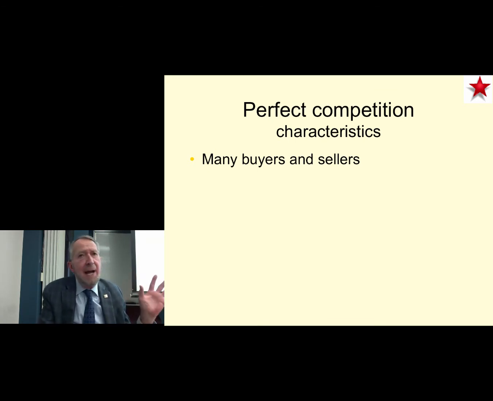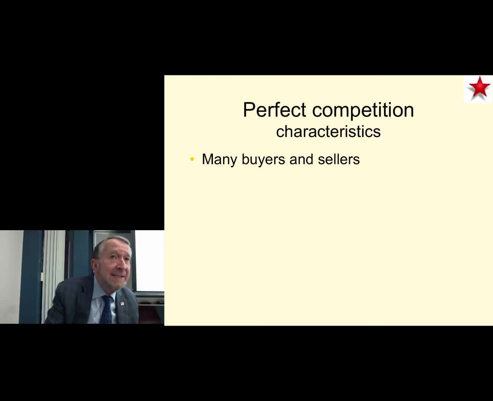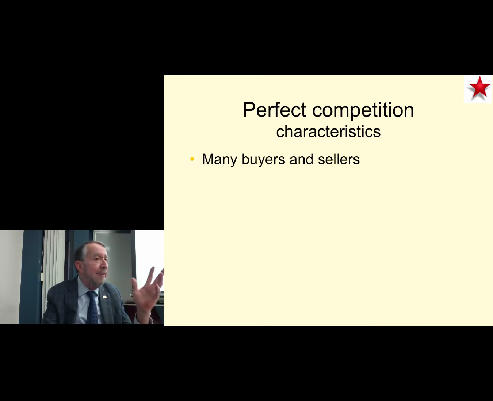There are lots and lots of buyers, and one of the products which approximates these assumptions are agricultural products like wheat and corn and grains and so forth. Lots and lots of sellers. They're produced all over the United States. In fact, the grain's produced all over the world. It's a worldwide market.